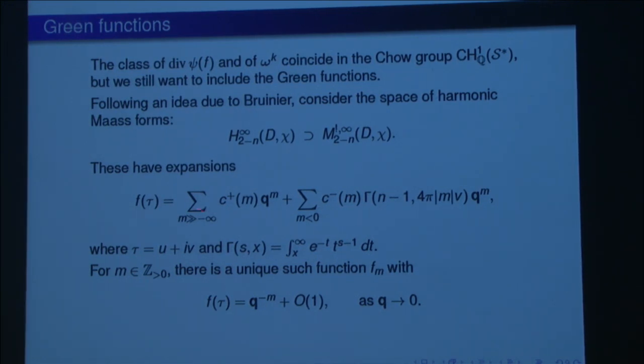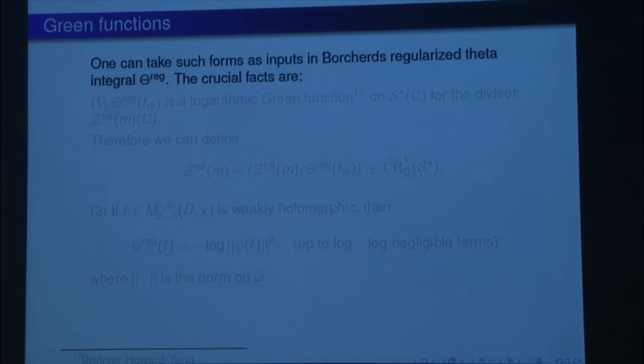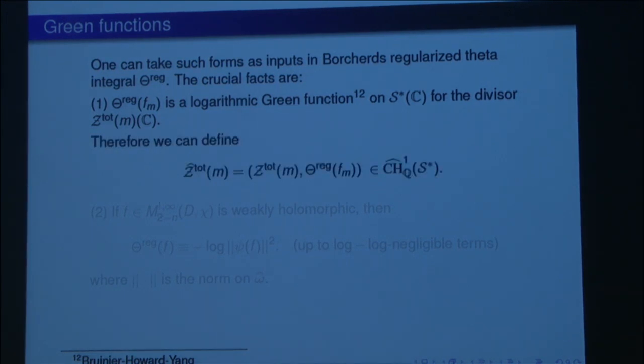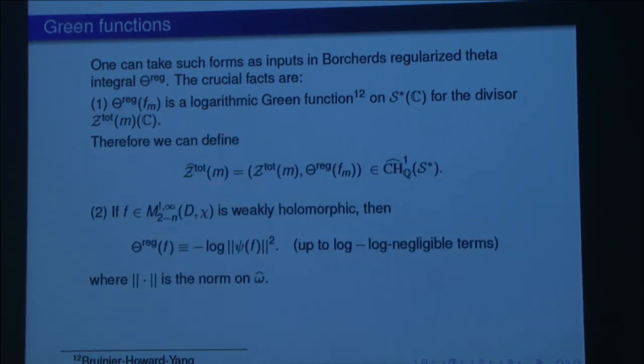So in particular, there's a weak guy like this with this polar part for any m, and it's unique. And if you take its regularized theta lift, what you get is a log type Green's function for this cycle. That's a lot of hard work in the papers that I've mentioned here. Okay, so that's the Green's function we're going to use, and the reason for that is that it defines this with the hat.